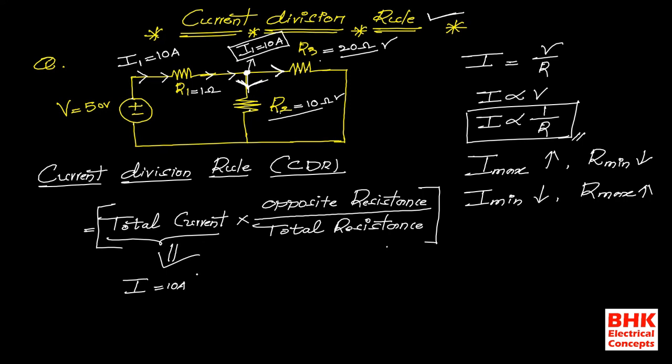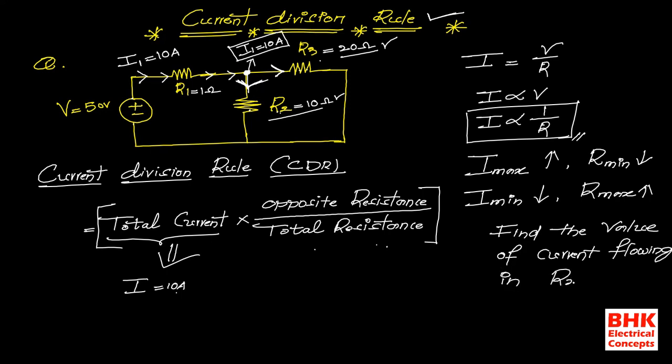Okay, so in this problem the total current is 10 ampere. For example, the question is: find the value of current flowing in R2 ohm. It means we need to find the current flowing in only this particular R2.